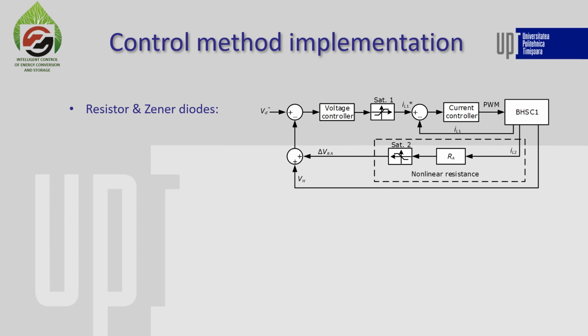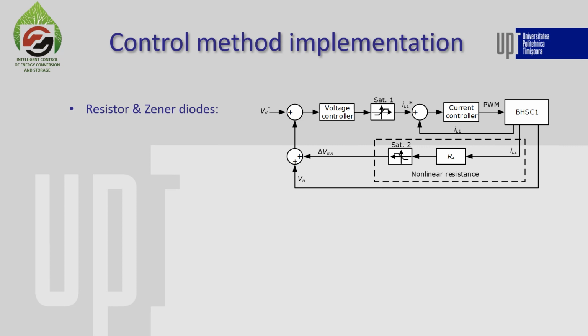The resistance gain represents the actual resistor from the equivalent schematic, and SAT2 is used to simulate the breakdown voltages of the two Zener diodes. The voltage droop is added to the voltage bus and then subtracted from the reference, which in this case is connected to the high voltage output of the converter.